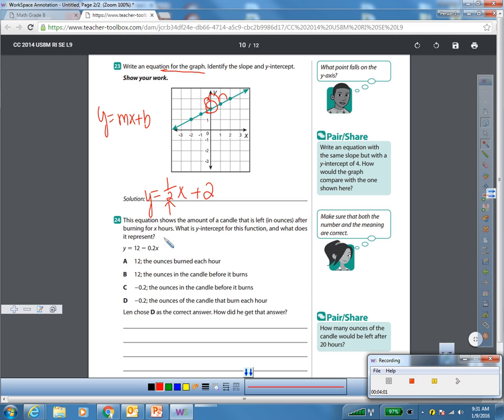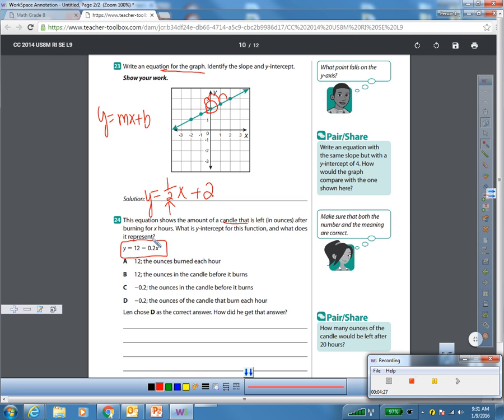Okay, last problem together in your instruction book. So this equation shows the amount of a candle. We had a candle problem on our try 1 that is left in ounces after burning for x hours. Okay, so what is the y-intercept for this function, and what does it represent? Okay, so here is our equation for a candle.